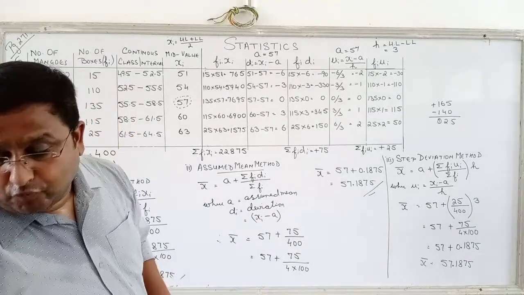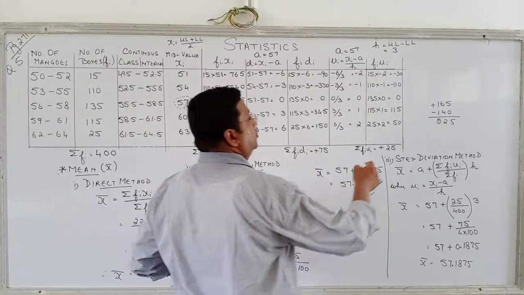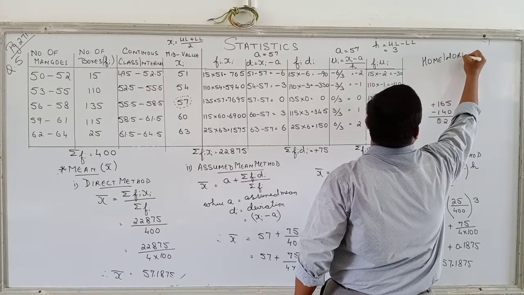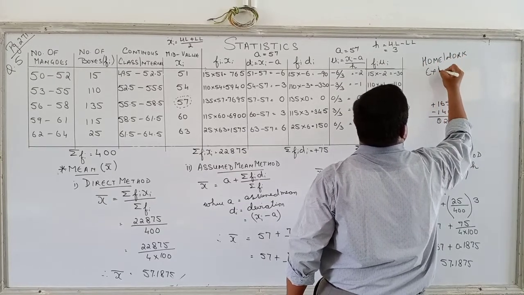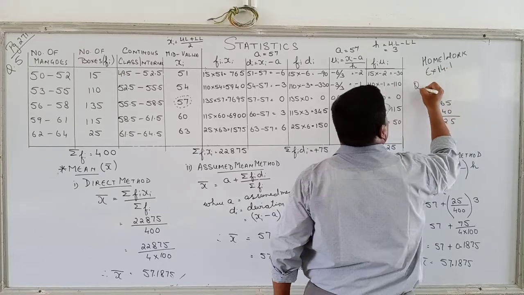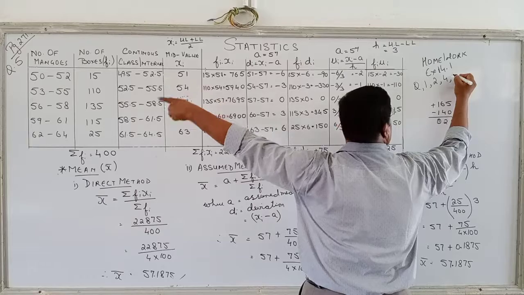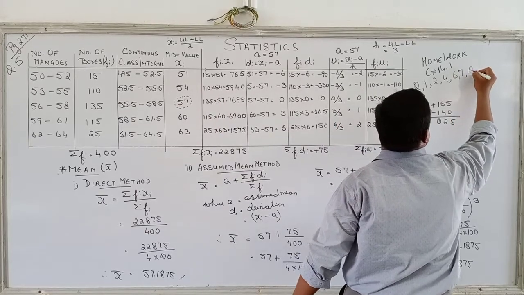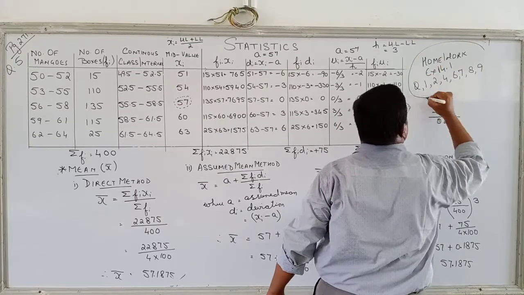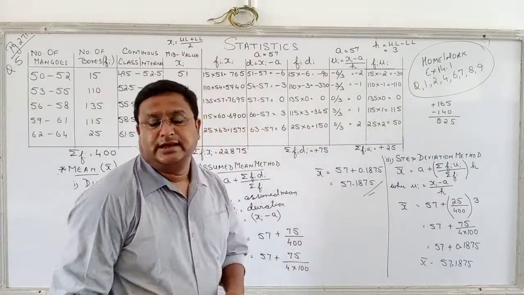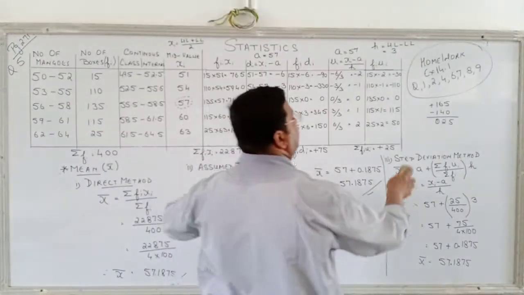So your homework: exercise 14.1, question number 1, 2, 4, 5th is done for you, 6, 7, 8 and 9. Clear? Please do these questions by all three methods.